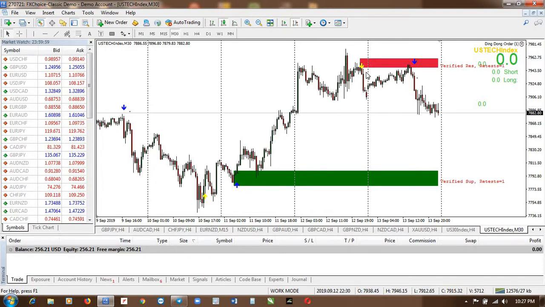Because the two arrows will show in 30 minutes before they show on 1 hour, before they show on 4 hour, before they show on the daily chart. I hope you understand what I'm trying to explain here.